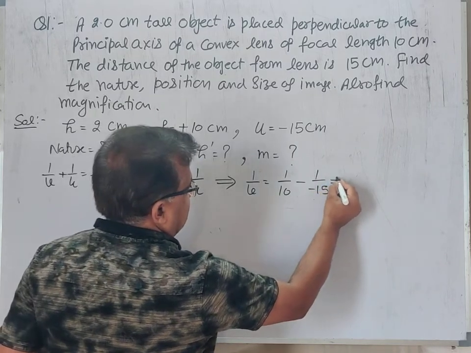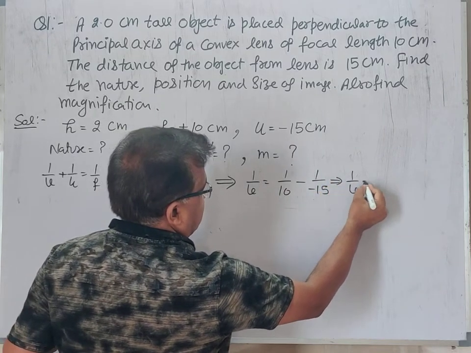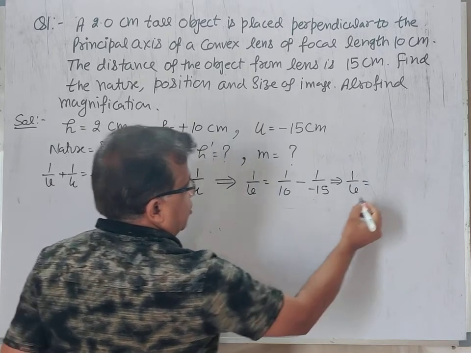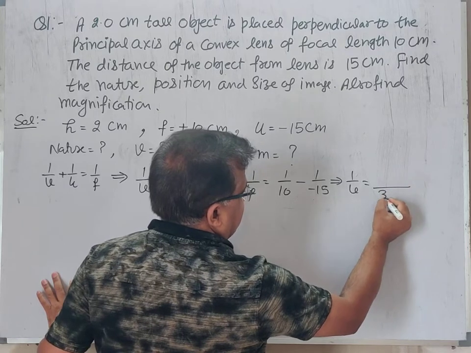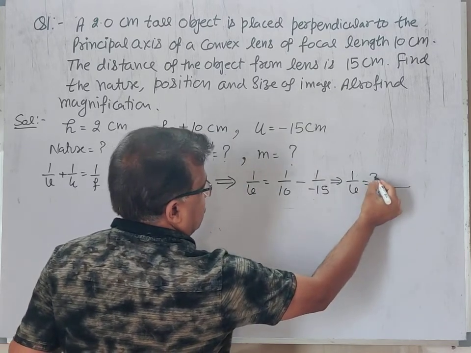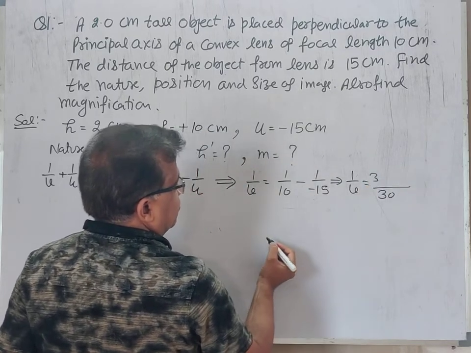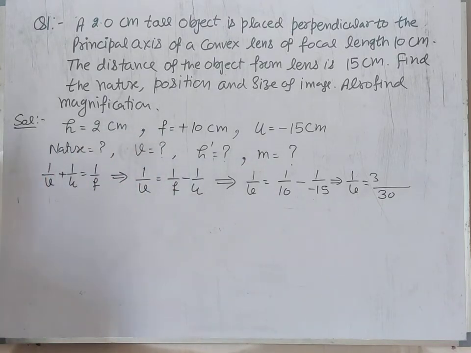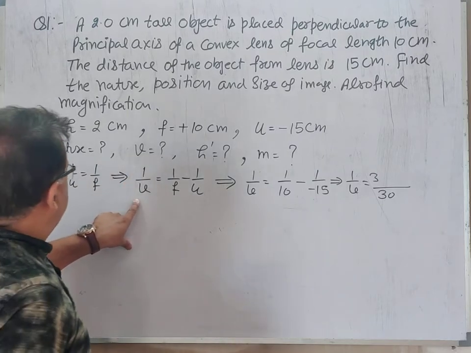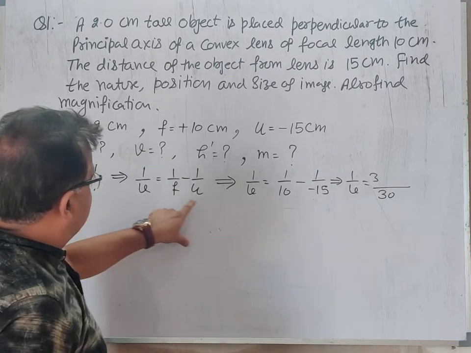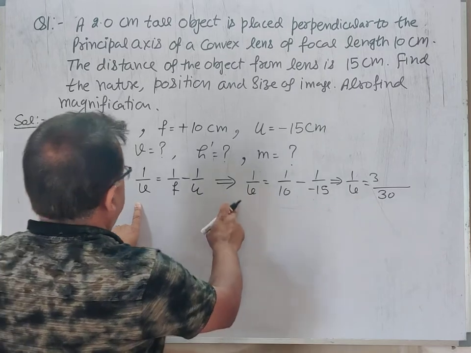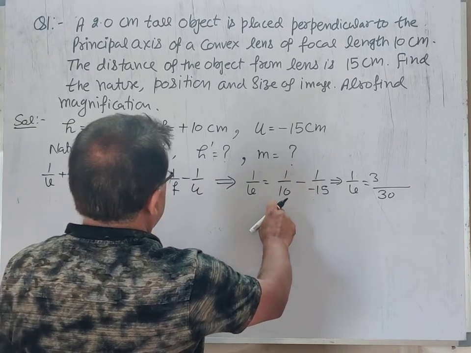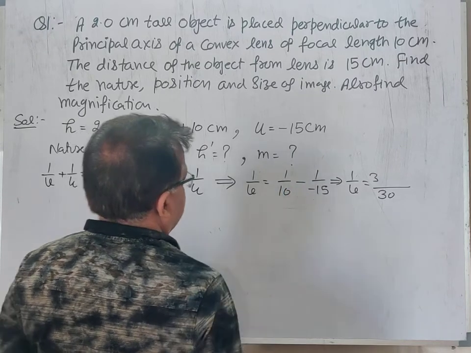So the minus will become plus, or we can find the LCM, which is 30, 3 plus 2.